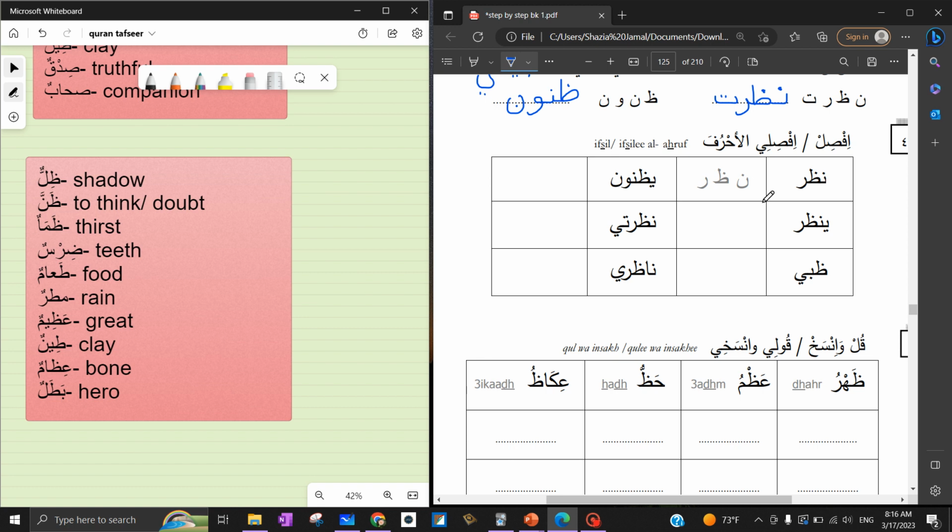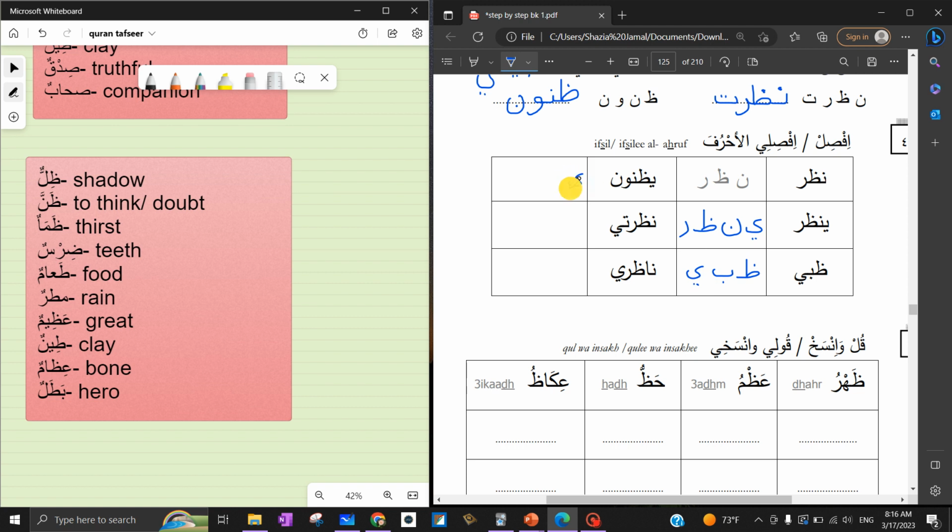Now, this exercise is to separate the letters. It makes you practice remembering the full form of the letters. Noon, wa and ra. Then la, ba and ya.